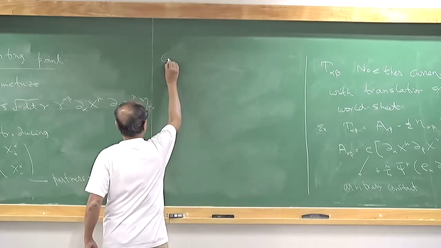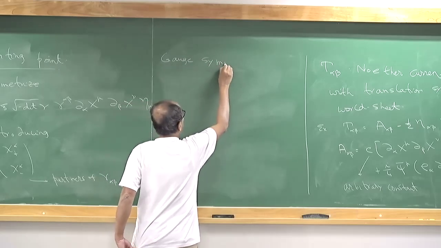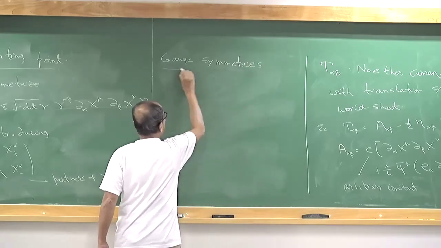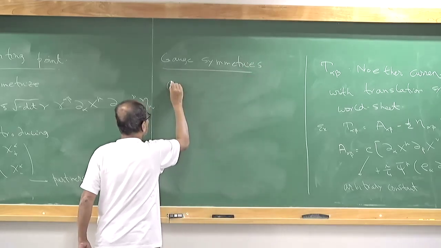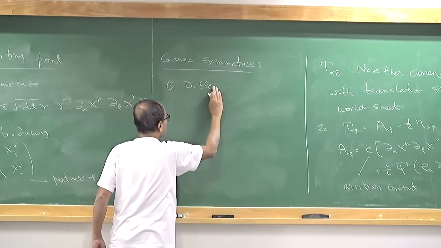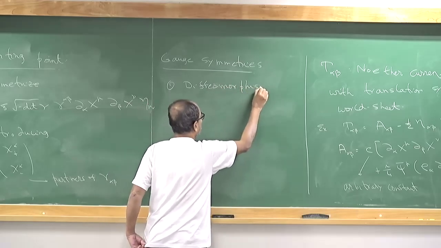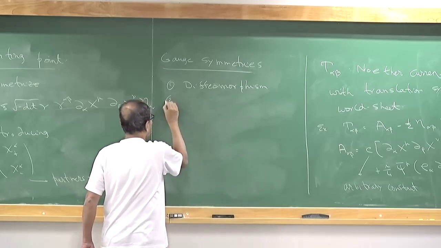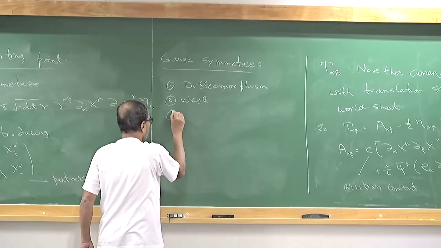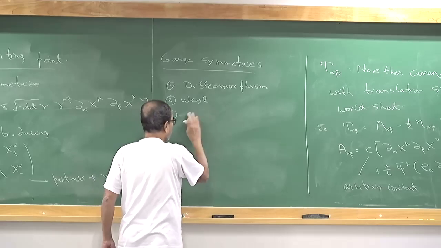The gauge symmetries are diffeomorphism, all in the 2D sense, and local supersymmetry.